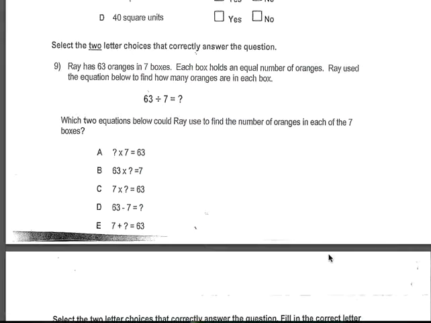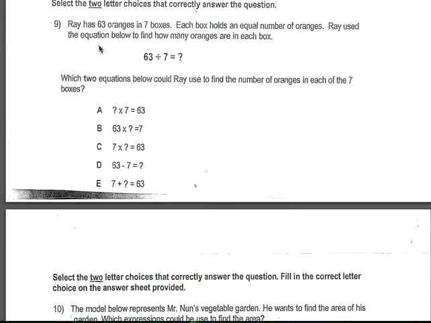Okay. Number 6. Select the 2 choices that correctly answer the question. Ray has 63 oranges in 7 boxes. Each box holds an equal number of oranges. Ray used the equation below to find how many oranges are in each box. 63 divided by 7 equals something.